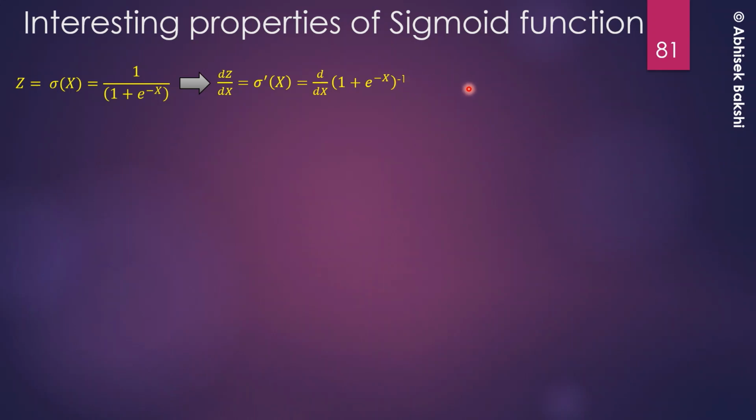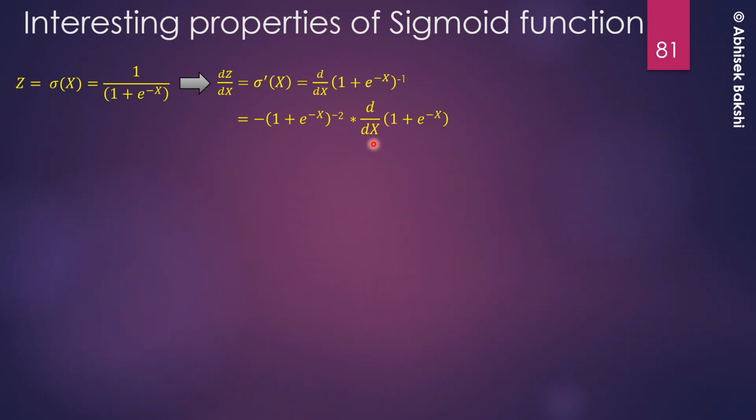So let's try to find a derivative of this. We will just do the computation. You see, it's a simple chain rule we are applying here for the derivative, right? We're applying d dx of something to the power minus 1, that means something to the power minus 2, so it's like minus 1 plus e to the power minus x to the power minus 2, obviously, multiplied by the derivative of the inner term with respect to x, right?